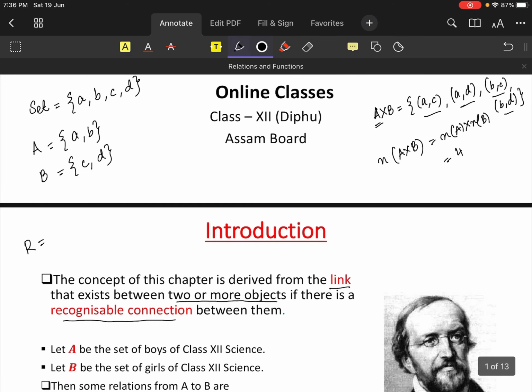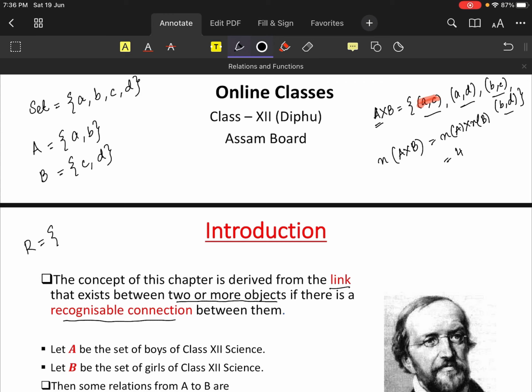A relation is a set of ordered pairs. Listen very carefully, there is a fact here: it will form ordered pairs with those elements which are related. Only elements which are related will form the ordered pairs.